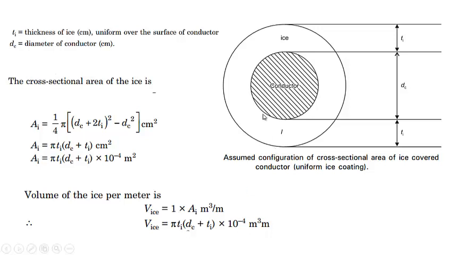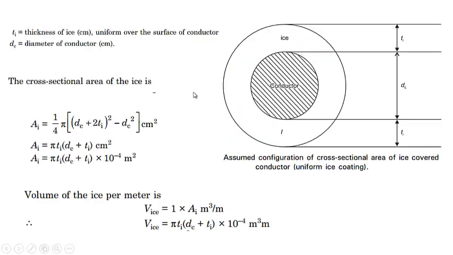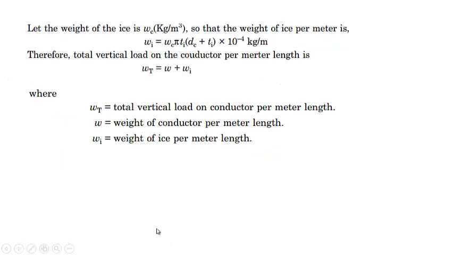The total weight of the ice will be equal to the volume of this ice multiplied by the density of this ice. The weight of the ice per cubic meter, that is the density of the ice, is denoted by Wc. When that is given, the total weight of the ice will be equal to this density multiplied by the volume that we have just calculated, that is Wc into V ice.